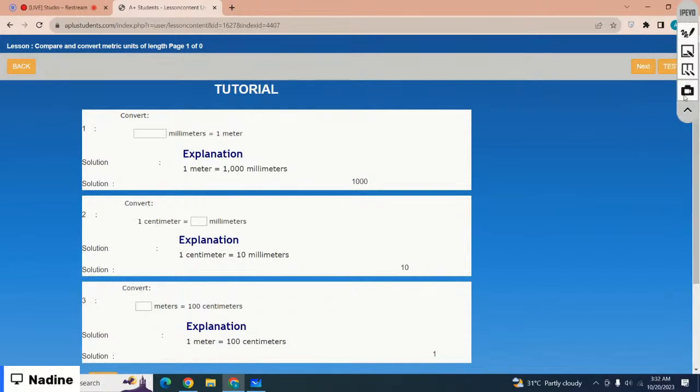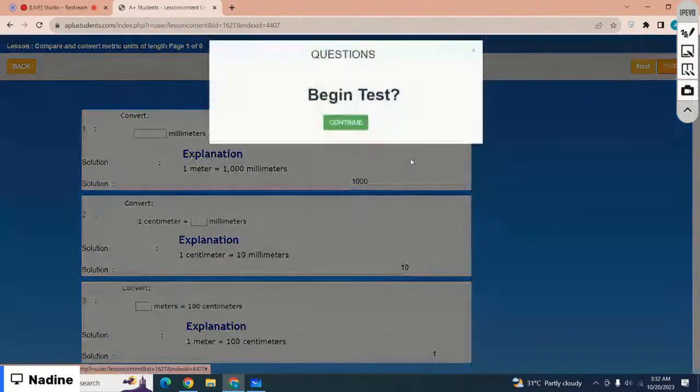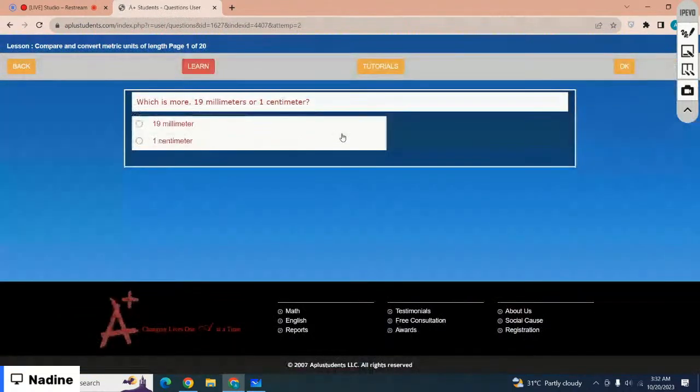Let's just start with the test questions. Okay, which is more, 19 millimeters or 1 centimeter? Which is the correct option?